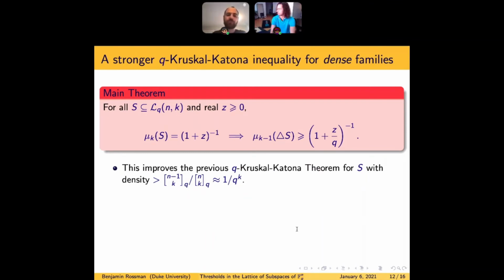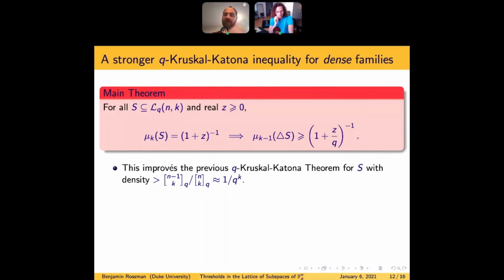That's where we prove a stronger result. This is going to be an improvement of the previous Kruskal-Katona theorem when S is dense, with density at least 1 over q to the k. It has a very clean statement.